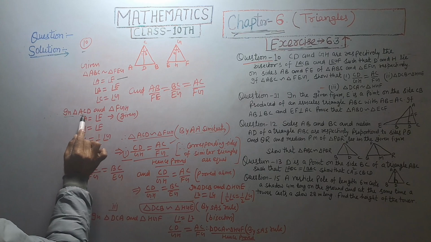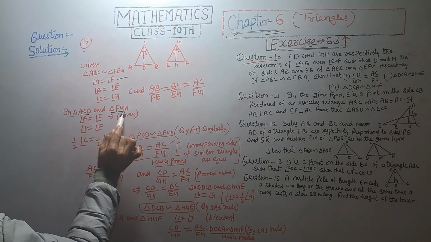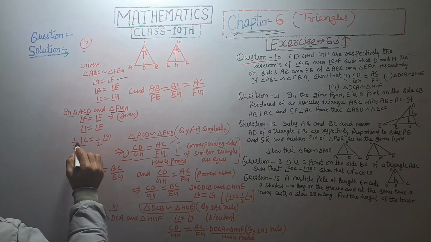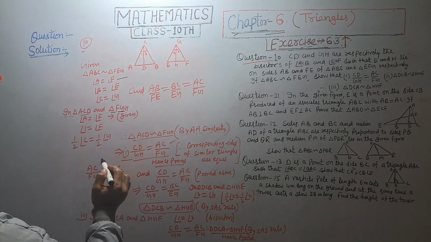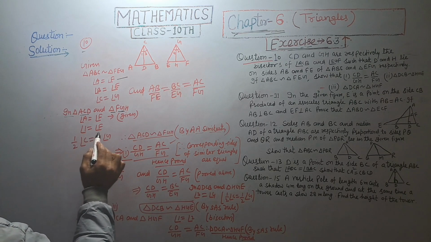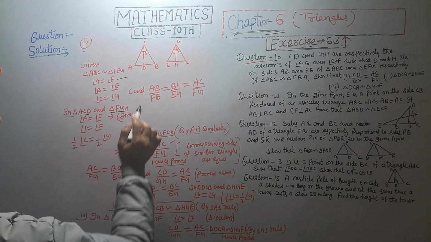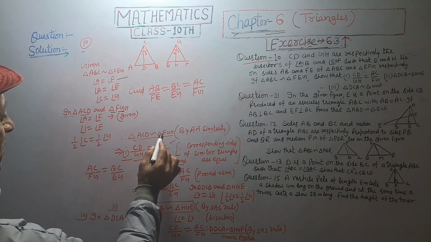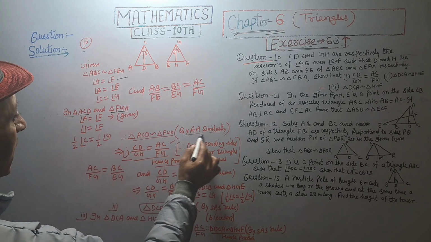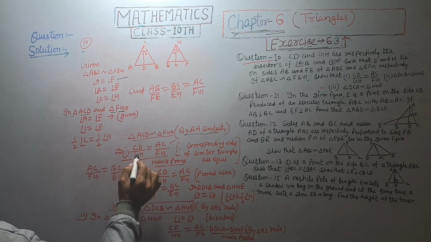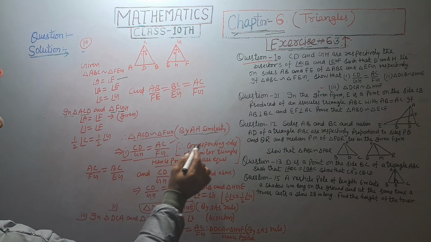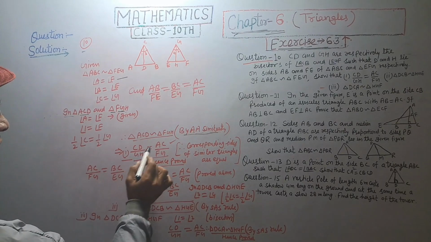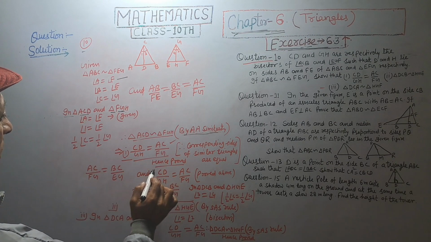And in triangle ACD and triangle FGH, angle A is equal to angle F, and half of angle C is equal to half of angle G. Triangle ACD is similar to triangle FGH by angle similarity, and CD upon GH equal to AC upon FG. Corresponding sides of the similar triangles are equal. So CD upon GH equal to AC upon FG, hence proved.